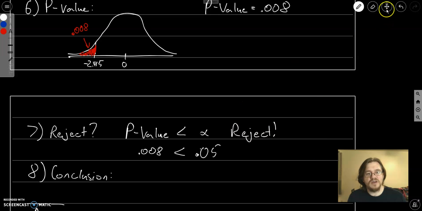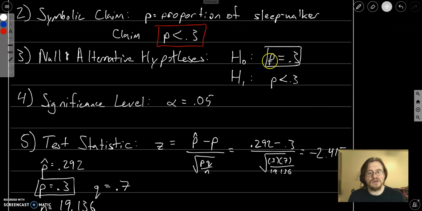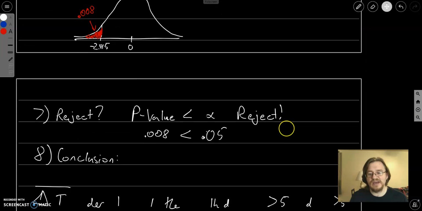So, what have we rejected? We have rejected our null hypothesis. We have rejected that the proportion of sleepwalkers is equal to 30%. That means that our claim that p is less than 30% is being supported by our test.